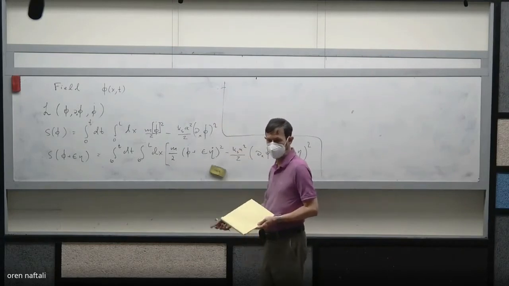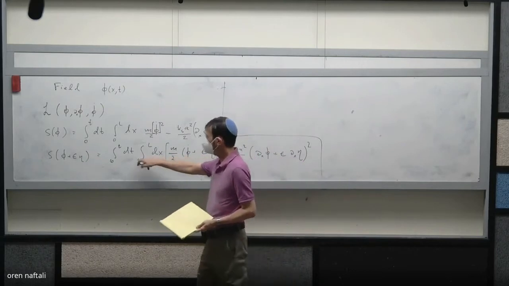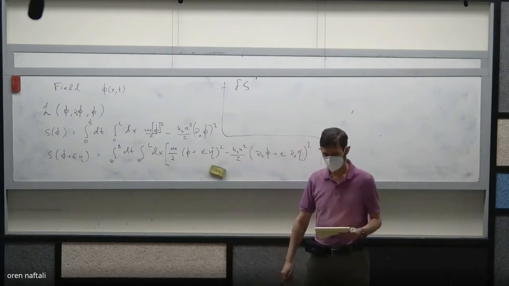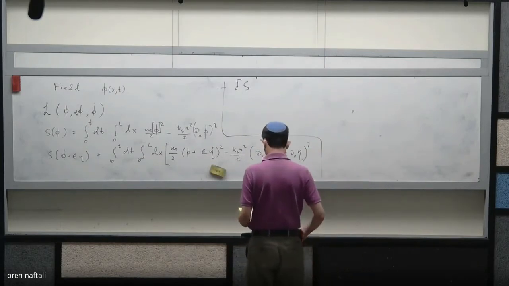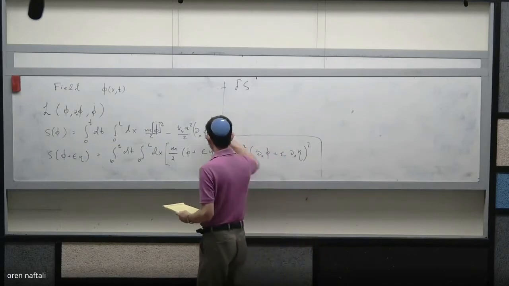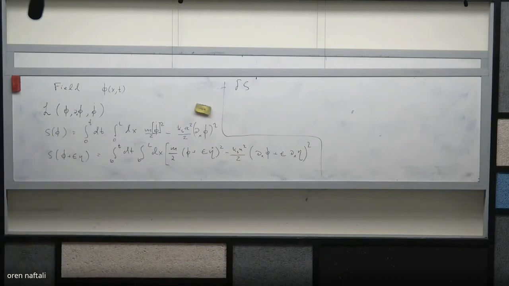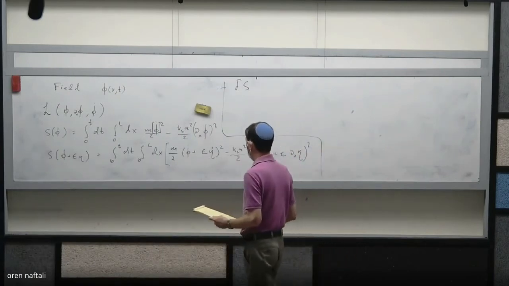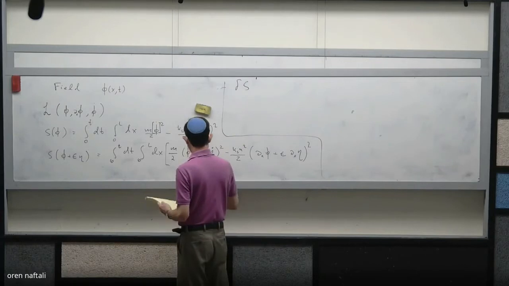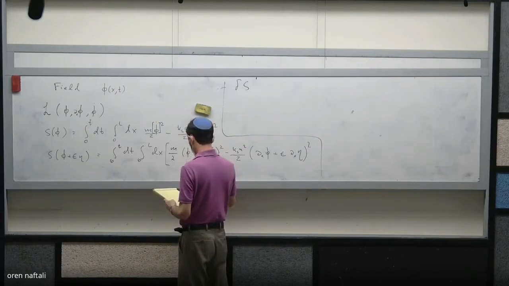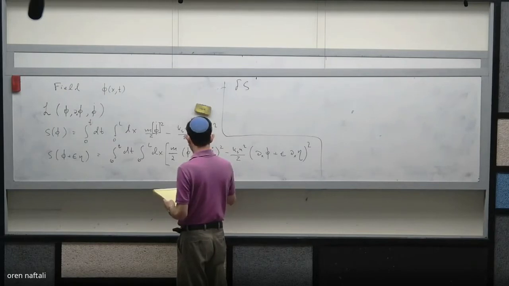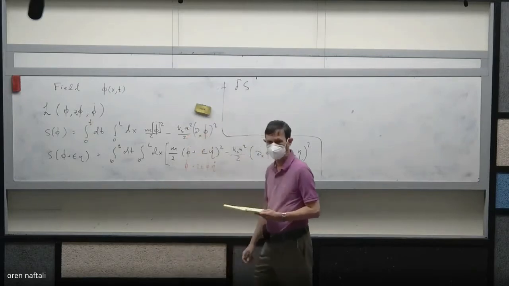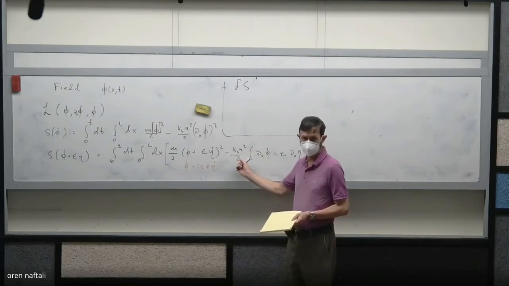Same games that I did previously, subtracting one from the other and calculating delta S. Okay, I'll do the intermediates. Term epsilon squared I don't care about.